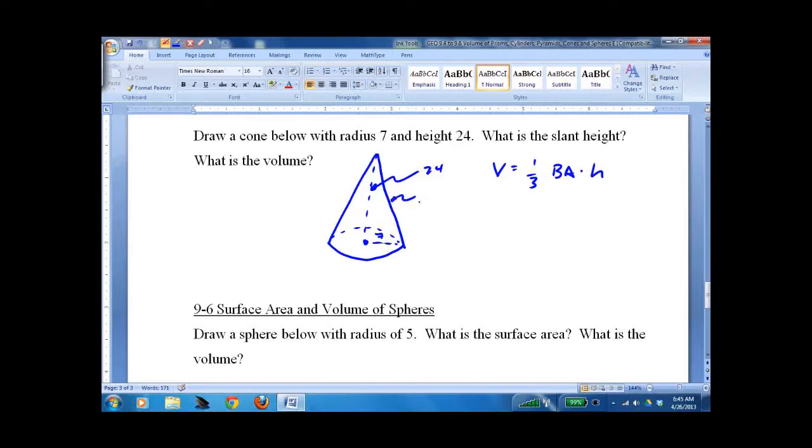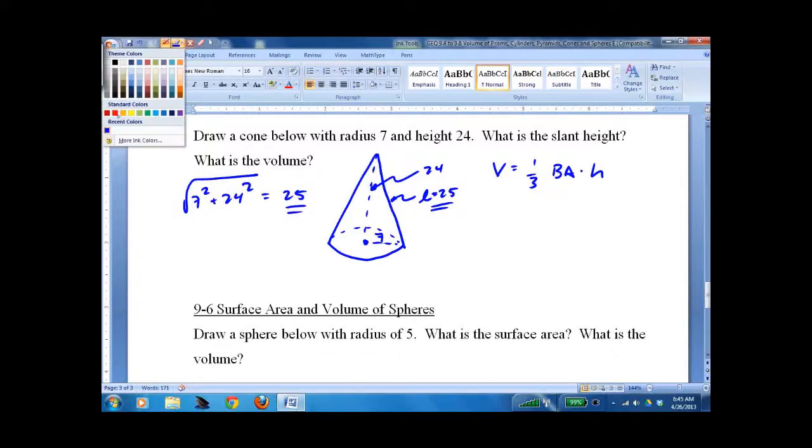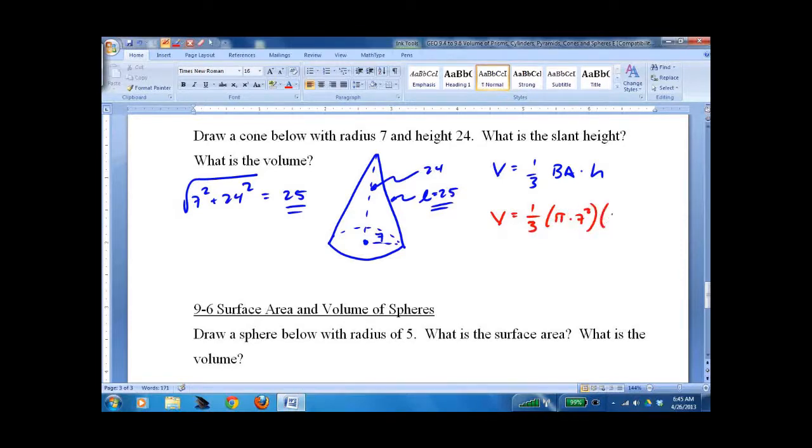We know the slant height is 25 because it's a 7, 24, 25 triangle. Or if you like, 7 squared plus 24 squared, square root equals 25. But we don't need it. We do not need the slant height. We only need it if we're doing surface area. So this is a common mistake. Just keep it simple. It's right there.